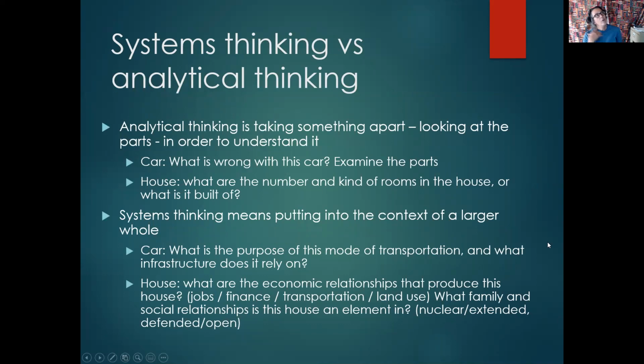So we're doing one kind of thing when we are systems thinking, and another kind of thing when we are analytical thinking. I don't mean that one is more valuable than the other. They just serve different purposes. And admittedly, some people are better at one than the other. It's just a part of how our brains work.